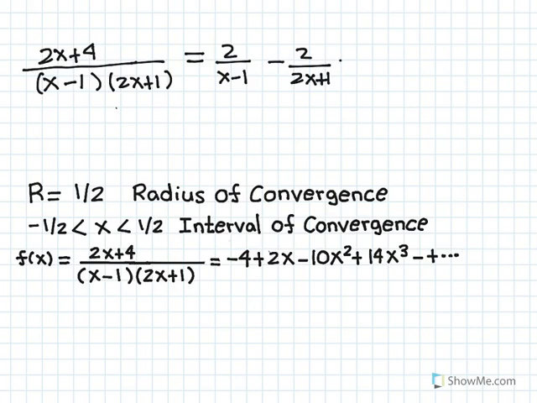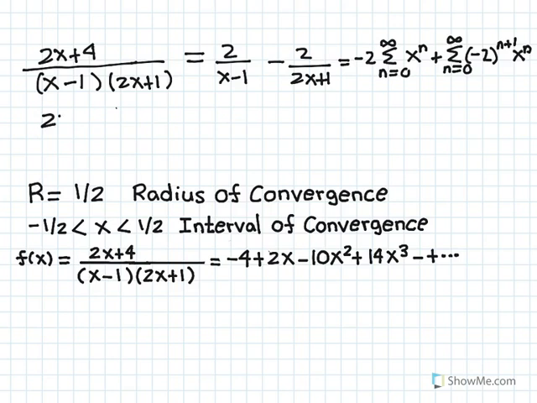And we found the power series representation for each geometric sum. We get -2 times the summation n equals 0 to infinity of x to the power of n plus the summation n equals 0 to infinity of -(2)^(n+1) x to the power of n.